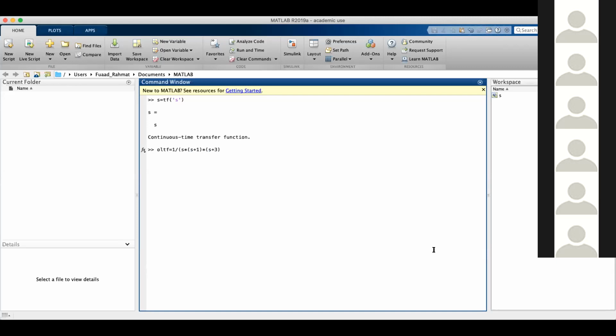So that is the open loop transfer function. So root locus of the open loop transfer function.